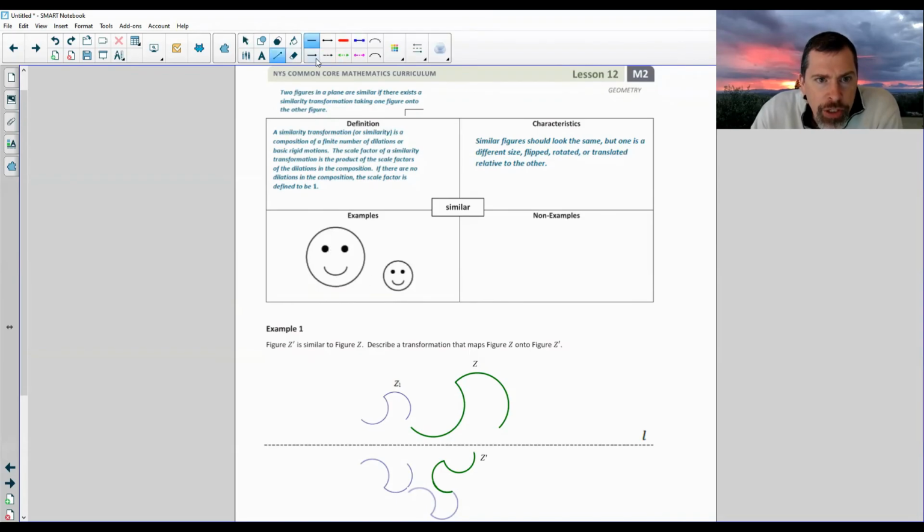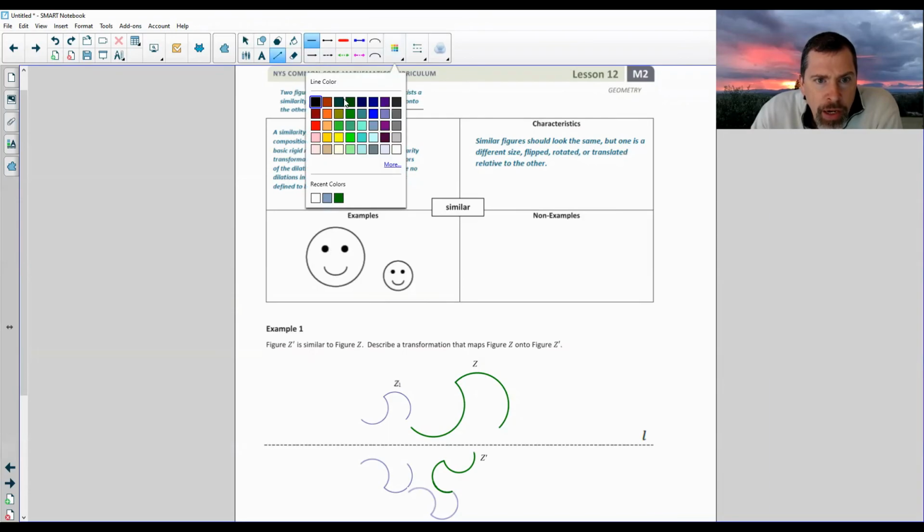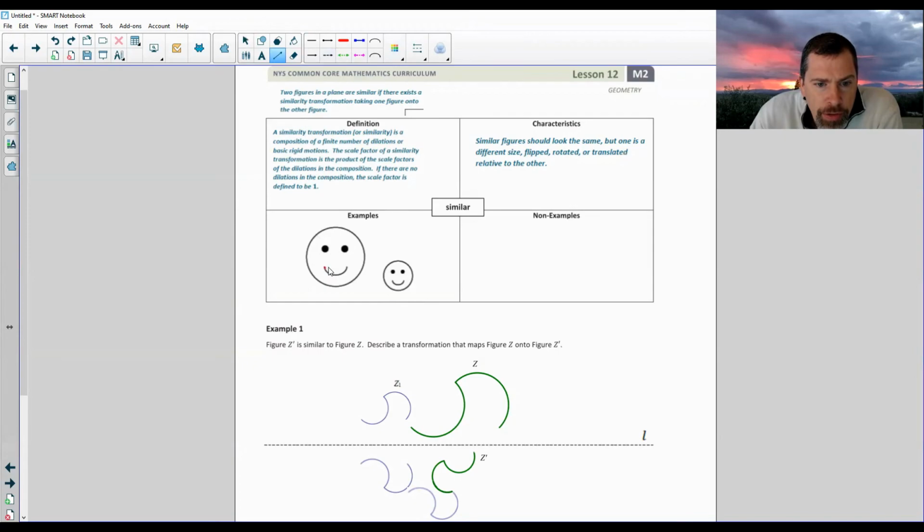So if I were to check this, I would draw a segment from the corner of the mouth to the corner of the mouth, from the corner of this mouth to the corner of this mouth. And when I do that, I would find the point of dilation, which is somewhere around here. We could also have used the eyes. Okay, so there you have it.